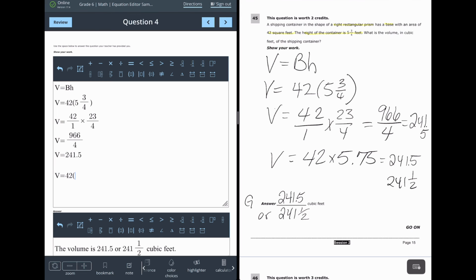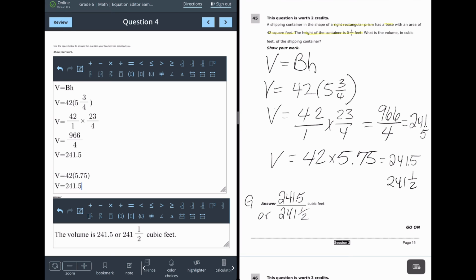Look at how much faster I can just type this in than doing all the fractions. So much faster. And I get the same thing. That is equal to 241.5. So you decide. Just make sure you show your reasoning. I changed the fraction to a decimal. That's it. And both answers work.